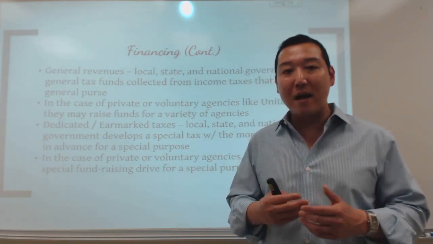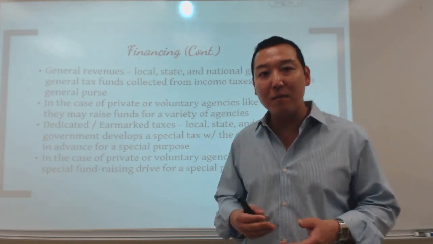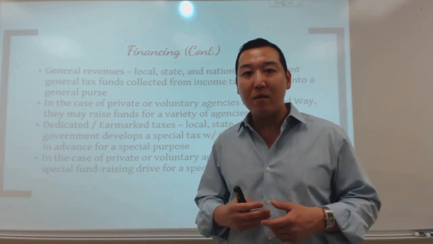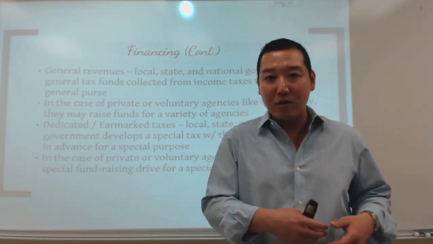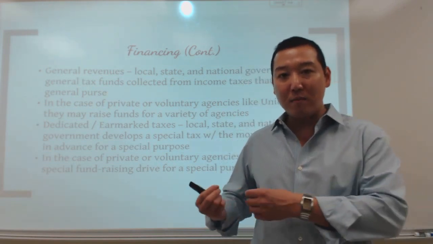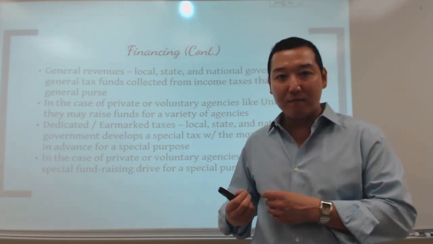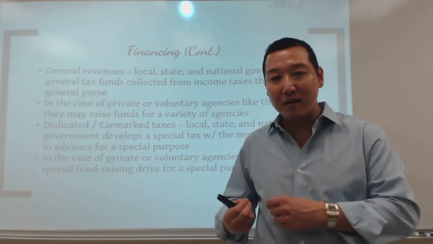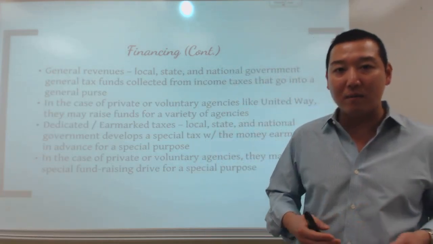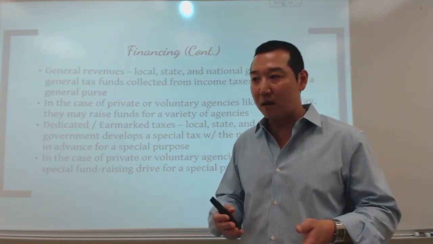And so to go back to our example about the Alzheimer's Association, it could be that once they generate their revenue in the way of donations, maybe they're using their donations for research purposes, in which case that might be a more streamlined financing mechanism, right? So we have a more dedicated or earmarked funding stream in that instance, and so we're applying that term to the level of organizations is my quick point here.